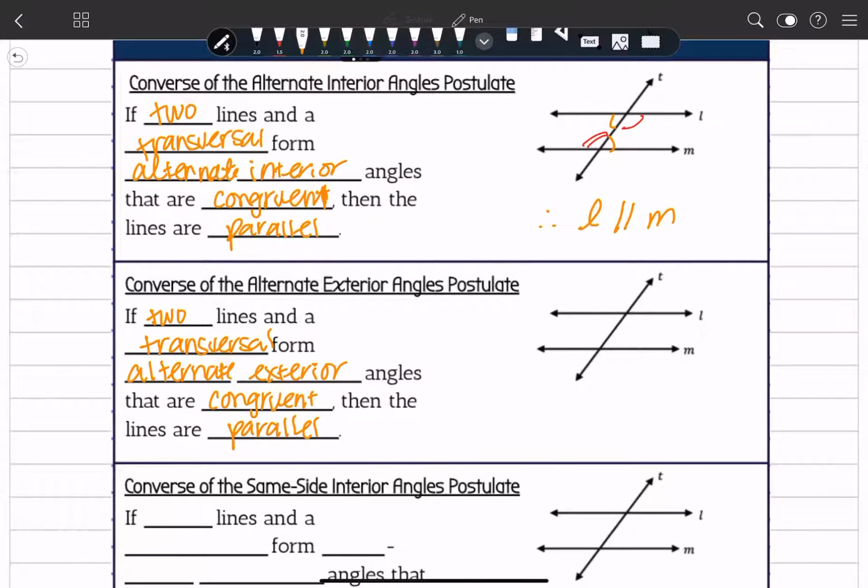So they have to tell you that these angles are congruent. And if they are congruent, then and only then can you say that line L is parallel to M. And that's because you need both the conditional and the converse to be true.